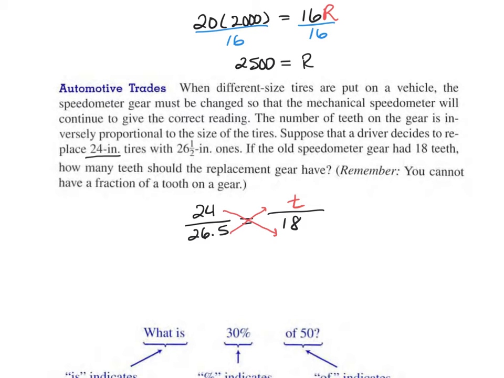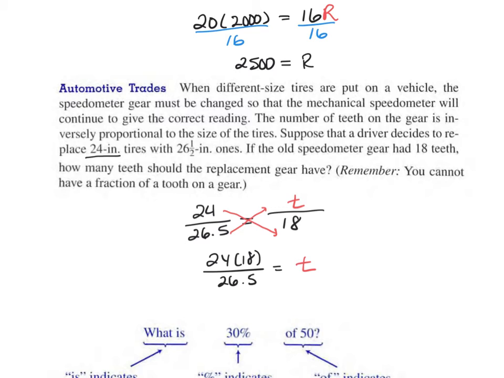because this is inversely proportional. And in this case, I would do the cross multiplication. I would take 24 and multiply it by 18, the 26.5 multiplied by T, but then I'd have to redivide anyways. So I have 24 multiplied by 18 divided by 26.5, and this is going to give me the new number of teeth. And I expect to have fewer teeth needed.